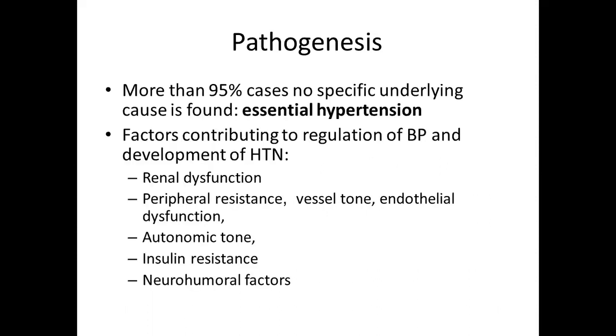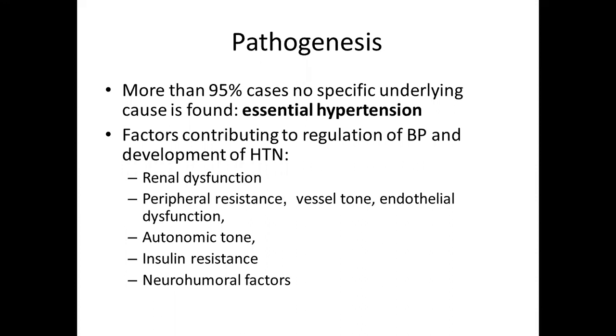Considering pathogenesis, in more than 95% of cases, there won't be any underlying cause. You won't be able to find the cause of the hypertension. So we call those 95% of patients who don't have any underlying cause essential hypertension. For the control of blood pressure, there are various factors, including renal dysfunction.